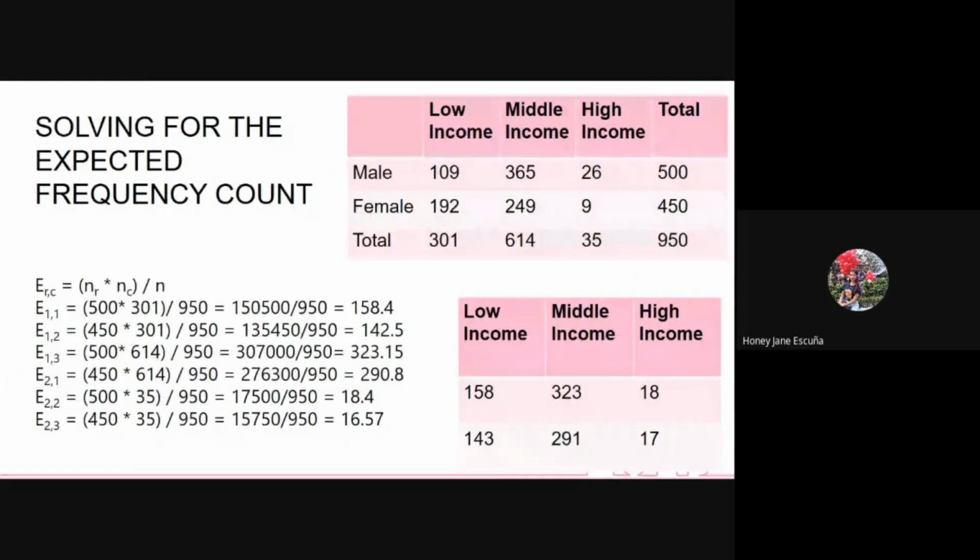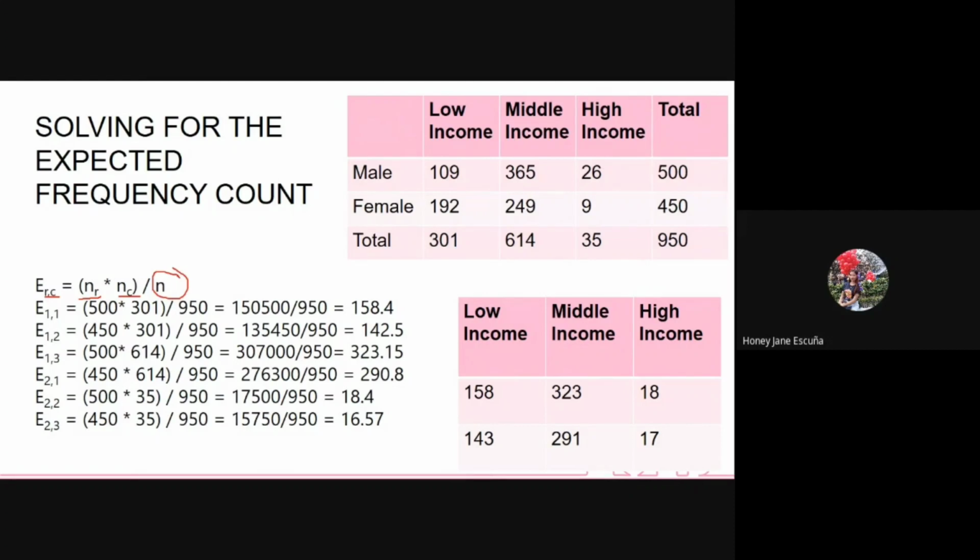The formula is E sub R C equals the quantity of n sub R times n sub C divided by n, which means that the expected frequency count for population R at level C of the categorical variable is equal to the total number of observations from population R times the total number of observations at treatment level C divided by our total sample size.